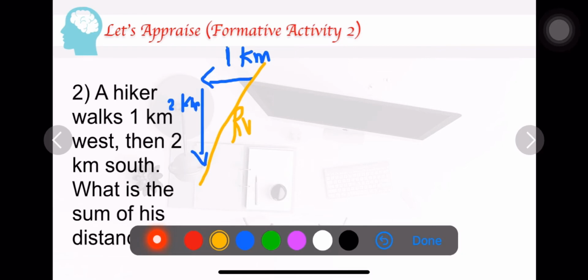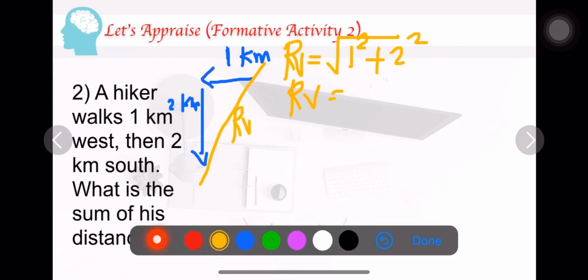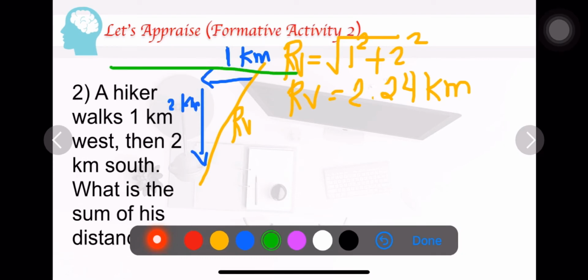RV is the square root of 1 square plus 2 square. So our resultant vector is 2.24 kilometers.